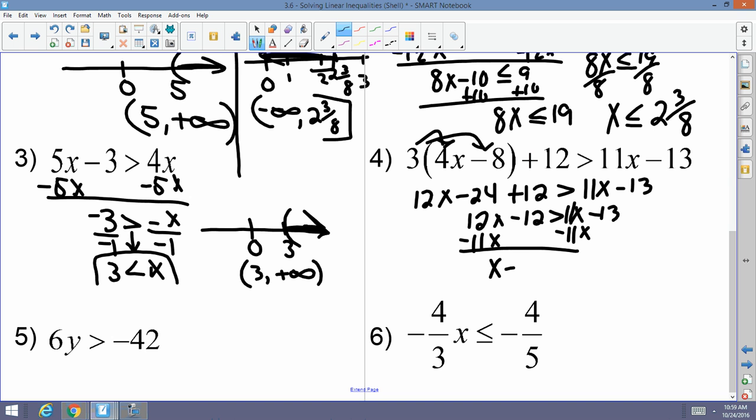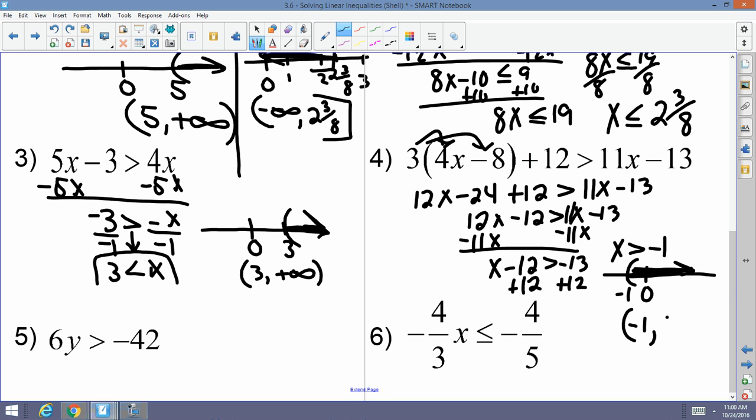I got x minus 12 is greater than -13. Add 12 to both sides. So x is greater than -1. My graph, -1, parentheses, greater than. Have a great day, guys. I'll finish these up now. And interval notation, smallest value is -1 to largest value is positive infinity.